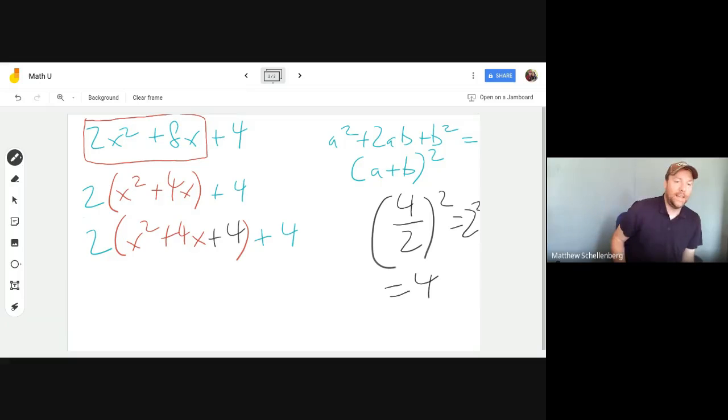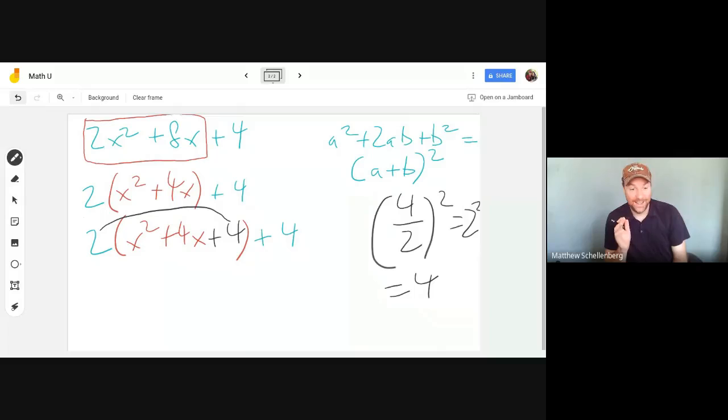But again, I can't just arbitrarily add things in. So you might think, well, okay, then I'll just subtract 4 and even it out. No, that is not okay because we didn't actually add 4, because the 4 is actually inside the bracket. Actually, what we really added was 8 because 2 times 4 is 8.